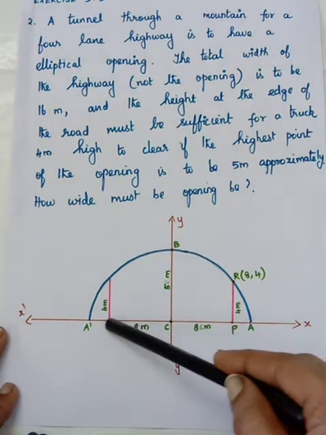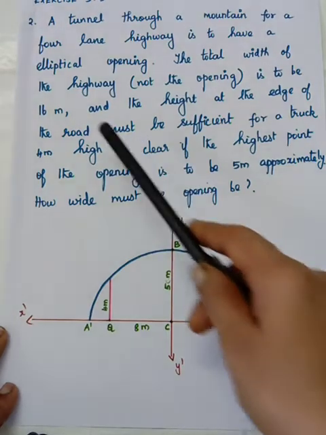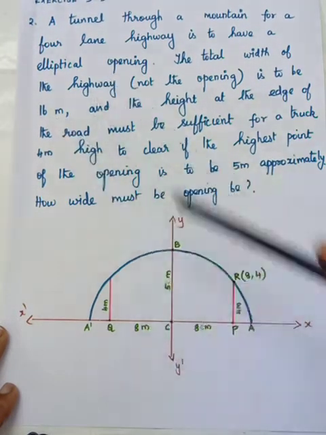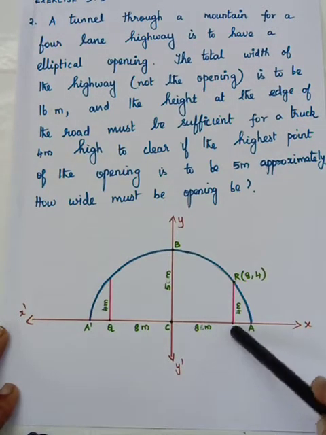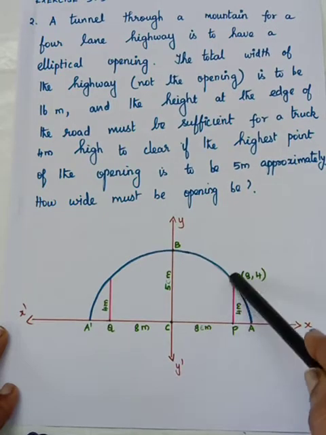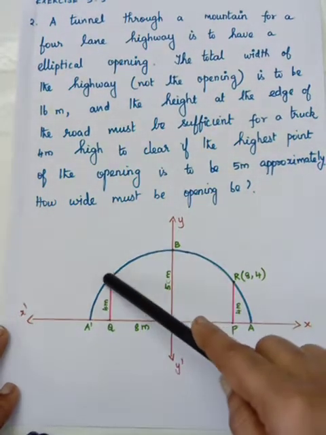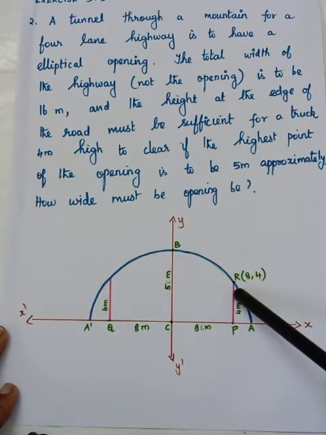See that this is the opening of the highway. The width of the highway is PQ, and here it is given as 16 meter. So PQ is equal to 16 meter, and at the edge of the road the height is 4 meter, on both sides. Okay.